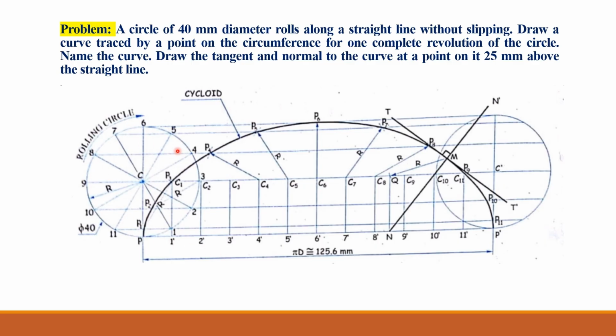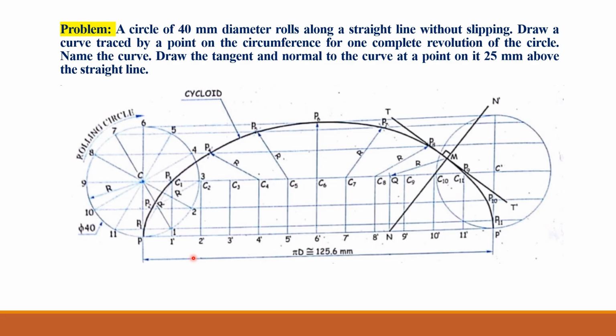So now say here this circle is divided into 12 equal parts. So similarly, we have to divide the distance between P to P dash into the same 12 equal parts. For this, we can use an inclined line through point P or through point P dash, or as per your convenience, you can divide this distance from P to P dash, which is equal to 125.6 millimeter, into 12 equal parts.